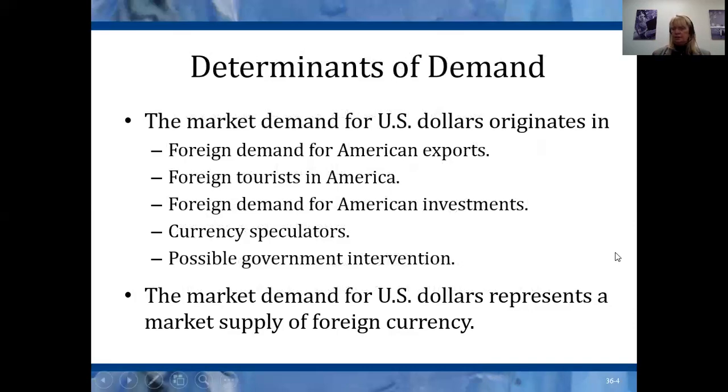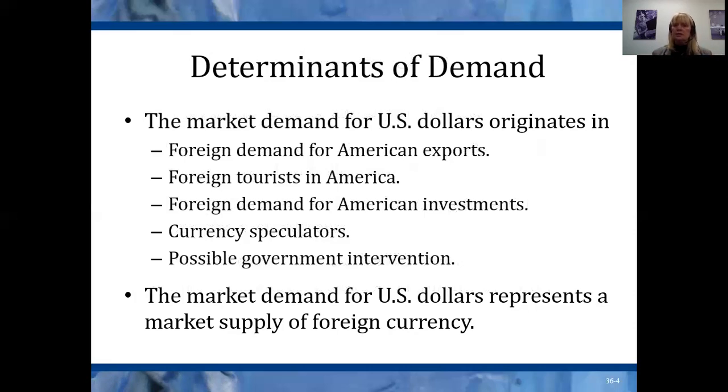What doesn't offset is the direction of the flow. If people become very interested in American goods and services, they may demand lots of American dollars. They may buy all kinds of things from us and supply lots of their currency in order to do that.